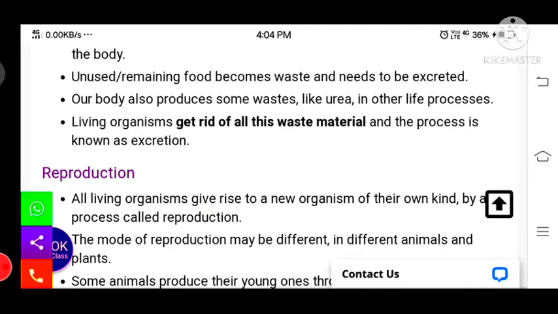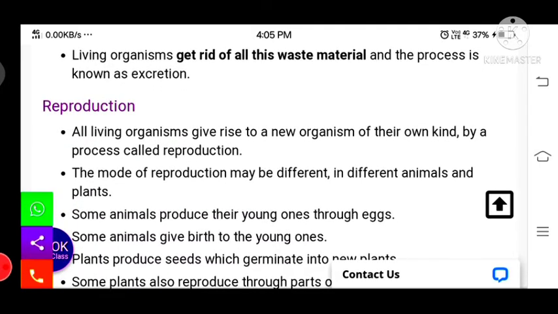Our body also produces some waste, like urea, in other life processes. Living organisms get rid of all this waste material, and the process is known as excretion. So the simple meaning is that the process in which living organisms excrete waste from their body is known as excretion.